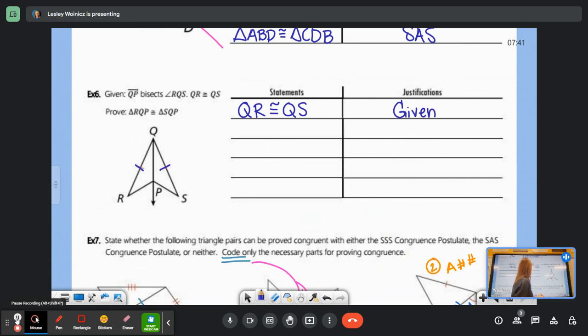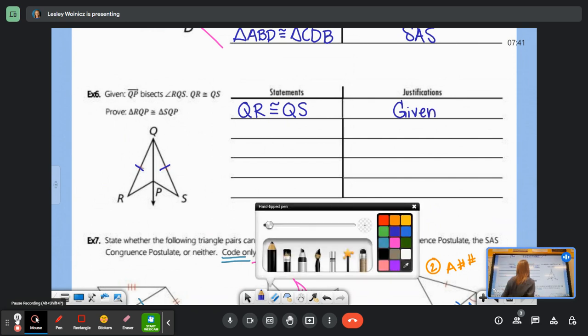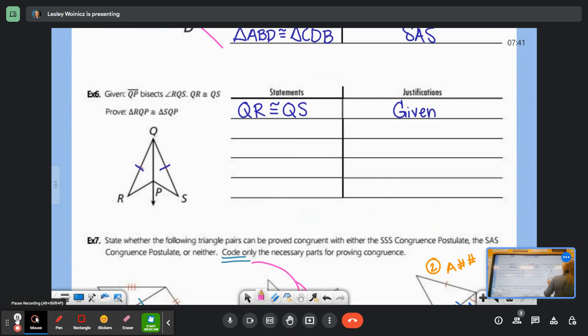Okay, I also know that these two triangles share side QP. And the order of QP is the same in both of these, so I don't have to worry about flipping the letters around. Go ahead and put the little bars on here, add the bars everywhere if I didn't remember to add them for you.